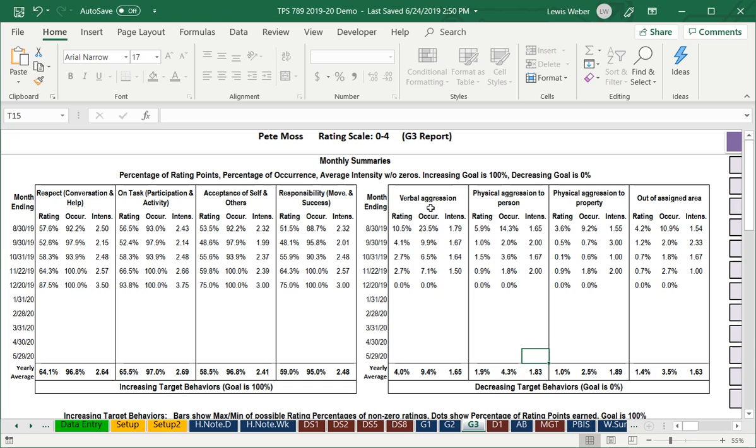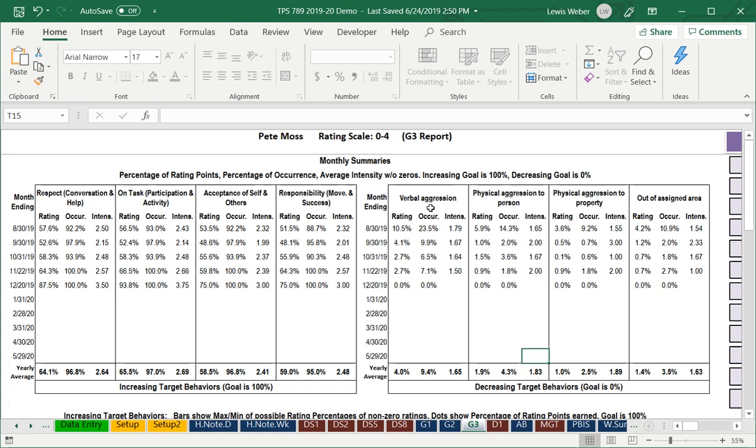And so when we're looking at verbal aggression, it is sometimes useful to say what was the percentage of the recording blocks in which verbal aggression occurred? That's a meaningful assessment of behavior. And so occurrence is very helpful for decreasing targets because we don't want to see any of it at all.